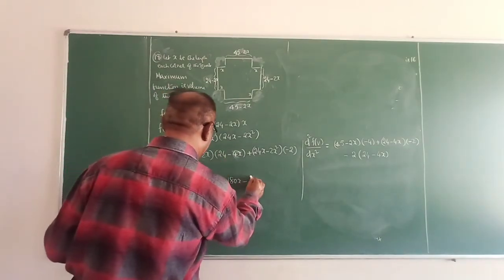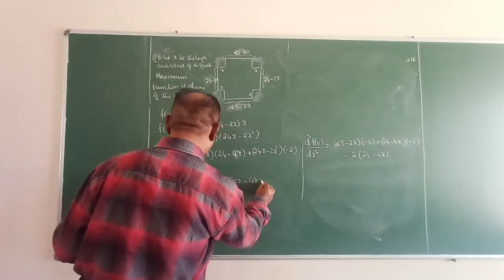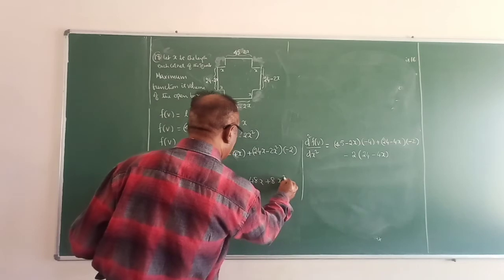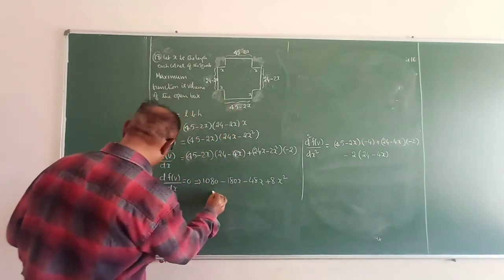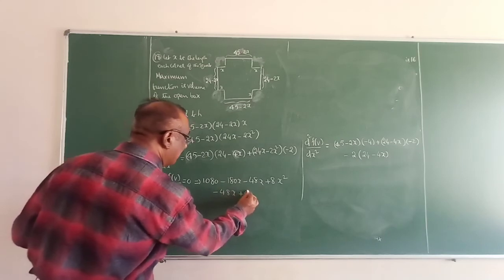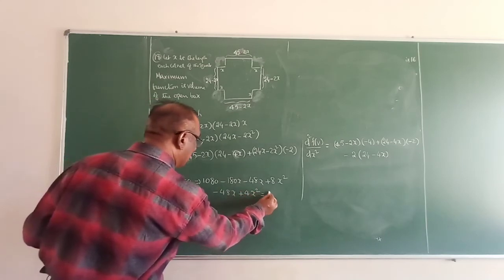Minus 48x, and minus minus gives plus 8x square. Next, minus 48x, and minus minus gives plus 4x square, equal to 0.